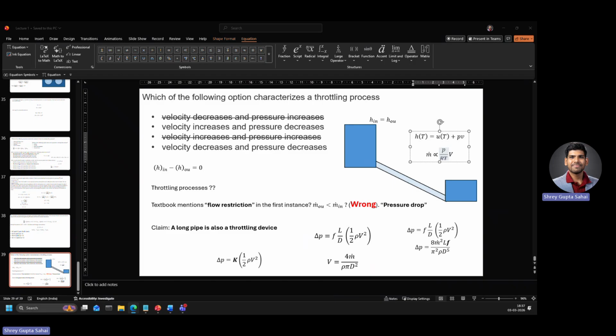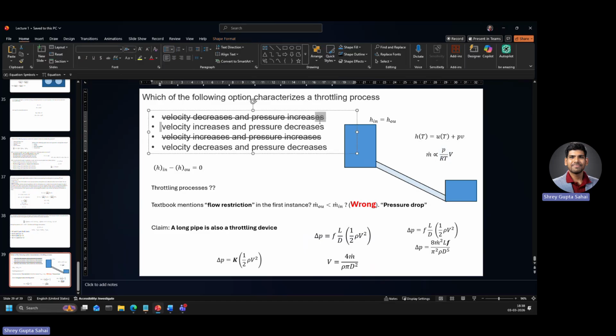For a liquid, density is not going to change, so velocity is not going to change generally for a liquid. For an ideal gas, again, temperature is not going to change, but pressure is going to drop. So pressure will decrease, but temperature, as we know, will not get affected, so velocity will increase. So this is the option, but this is only true for an ideal gas.